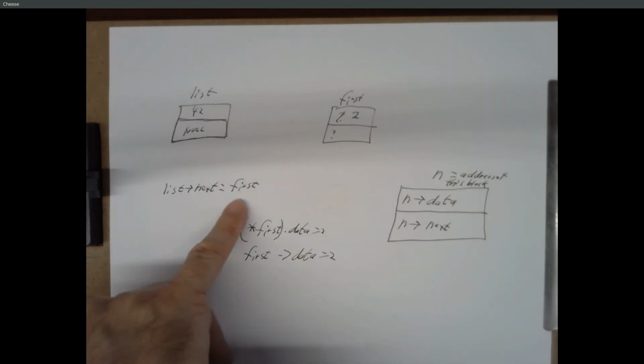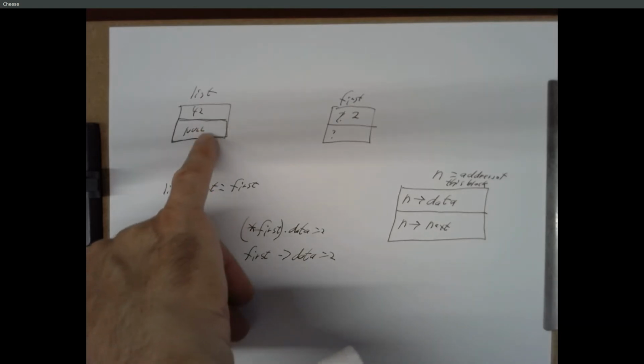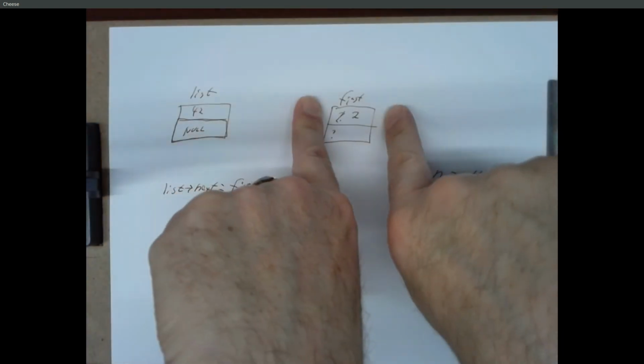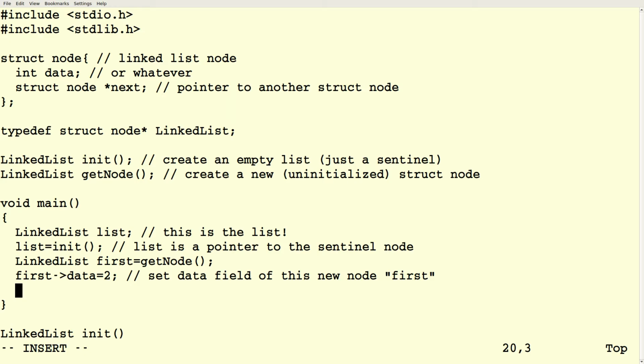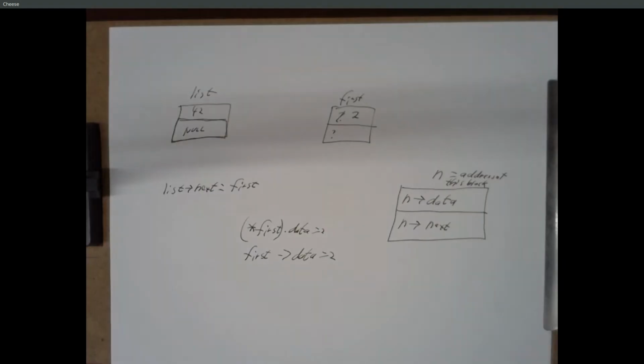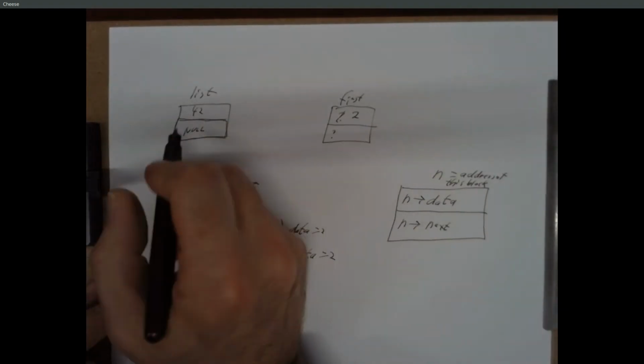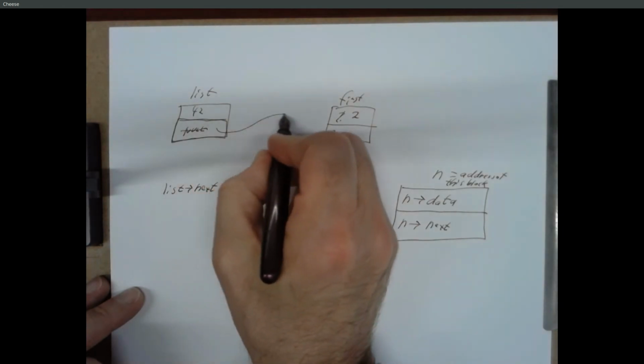So list arrow next equals first actually sets this block to have the address of this block. So now the sentinel node points to first. Instead of being null, we've got an arrow going over here.